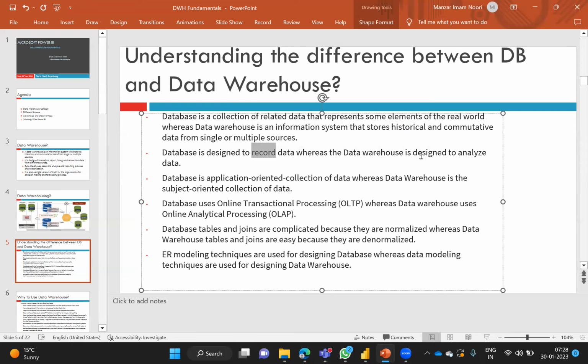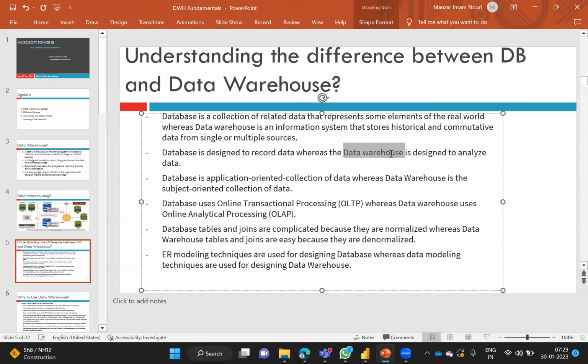And why are you using the data warehouse? To analyze the data. From different applications, whereas here you are getting the data from one application. In the case of a data warehouse, we are getting the data from multiple applications and integrating it at one place, right?